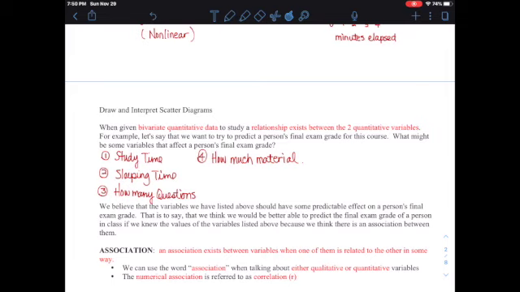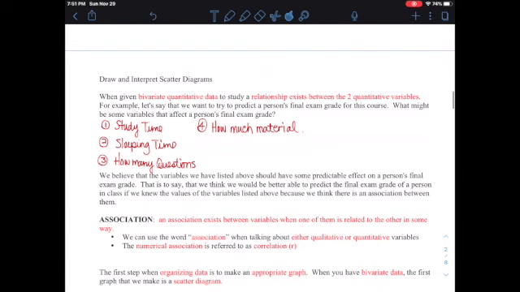Those are all variables, and there are some other variables that you might have. That's not a big deal. You can all think about different things, and that's totally okay. We believe that the variables we have listed above should have some predictable effect on a person's final exam grade, probably most likely study time.